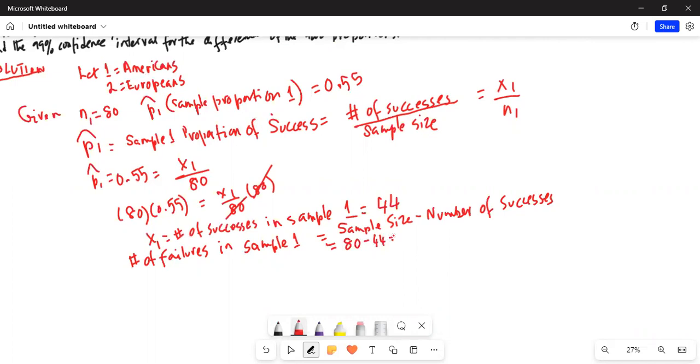In your calculator, you can do 80 minus 44, which is 36.